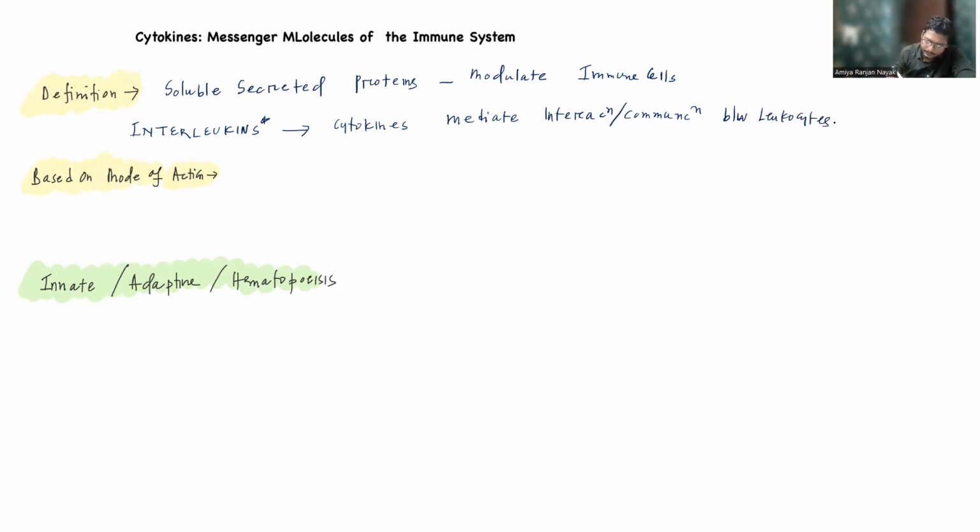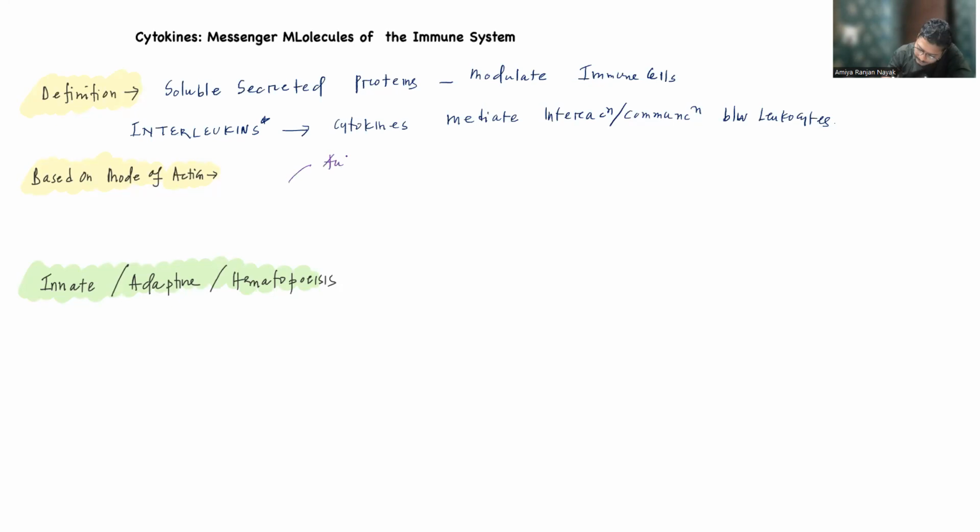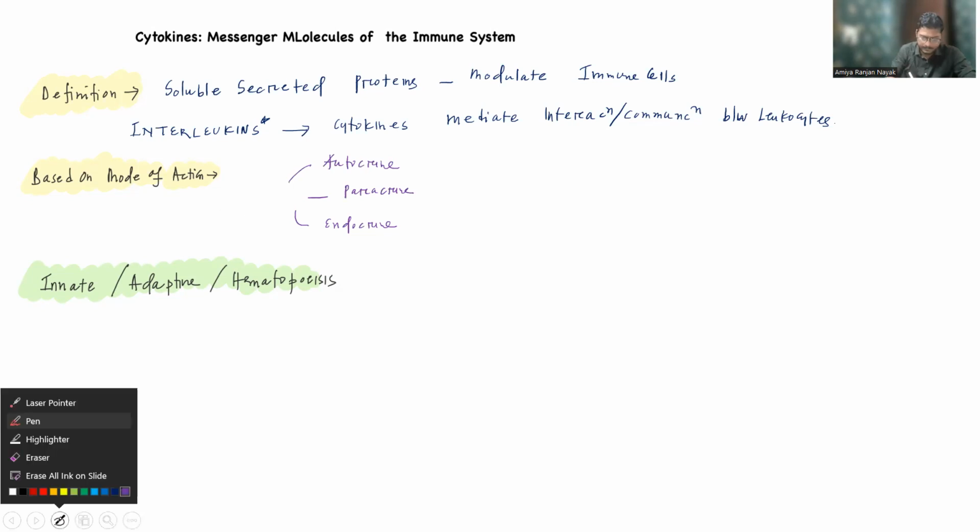Okay. Based on the mode of action, they can be divided into autocrine, paracrine, and endocrine cytokines.